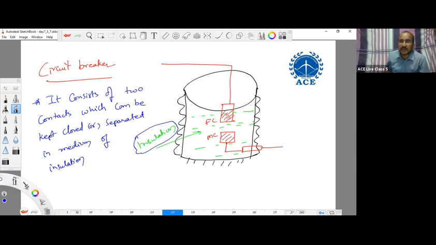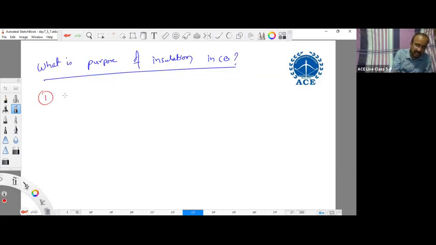So what is the first reason? When contacts are separated, there will be formation of arc.